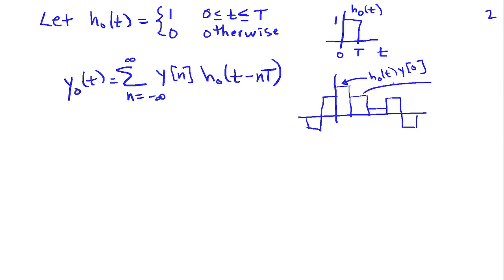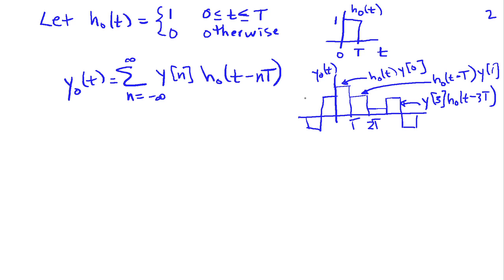Then this one becomes h0 of t minus T times y of 1, and so on. So this term is y of 3 times h0 of t minus 3T. So if I add all these shifted rectangle functions up, I get that original stair-step function as the output of the zero-order hold.